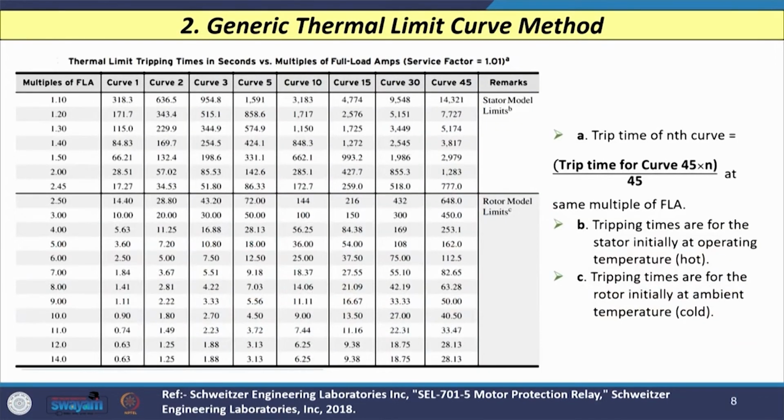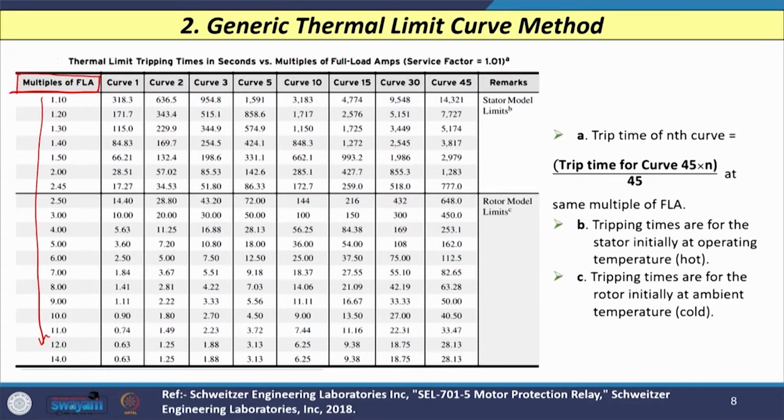So, if I just give you the table, this table indicates, you can see the first column shows the multiple of the FLA, and these FLAs are given here, starting from 1.1 to 14 values, the multiples of FLA.